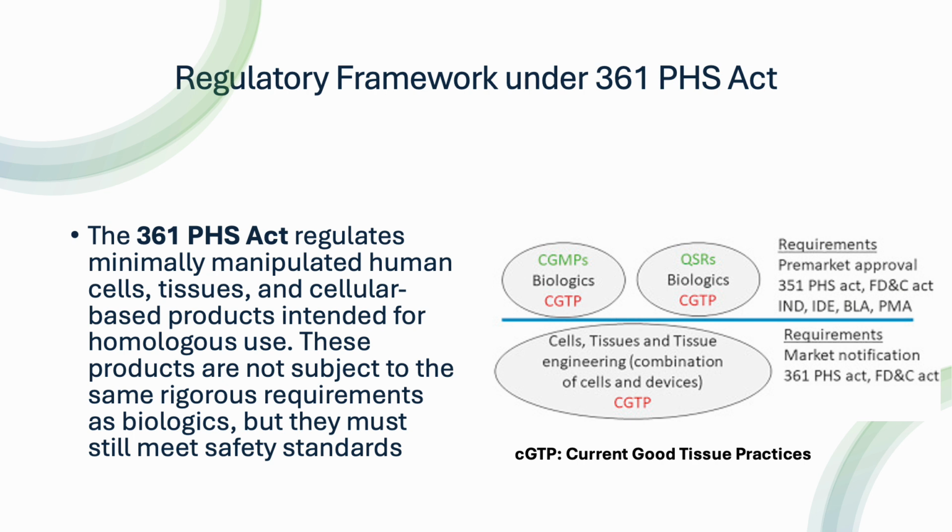Now the 361 PHS Act regulates minimally manipulated human cells, tissues, and cellular based products intended for homologous use. These products are not subject to the same rigorous requirements as biologics, but they must still meet safety standards.